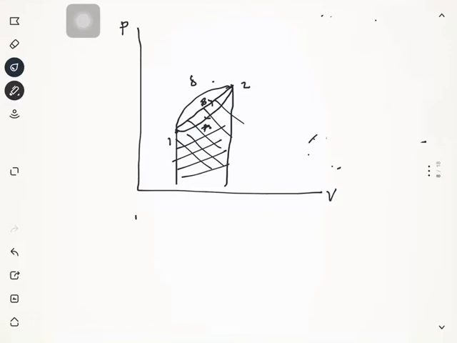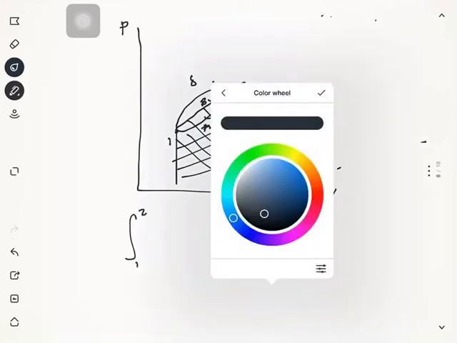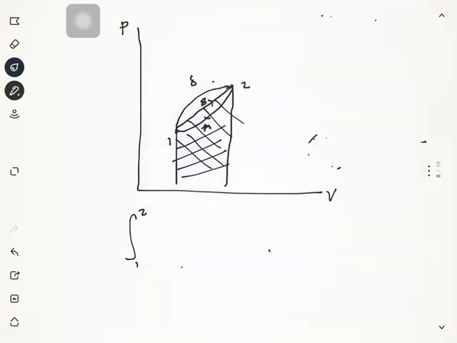So therefore we can write this one as the integral from 1 to 2. This is shear work, an inexact differential. This is because it is path dependent. So we have this one, work from 1 to 2.